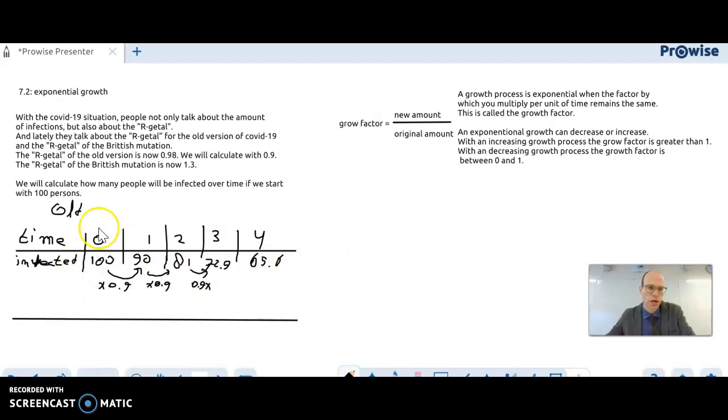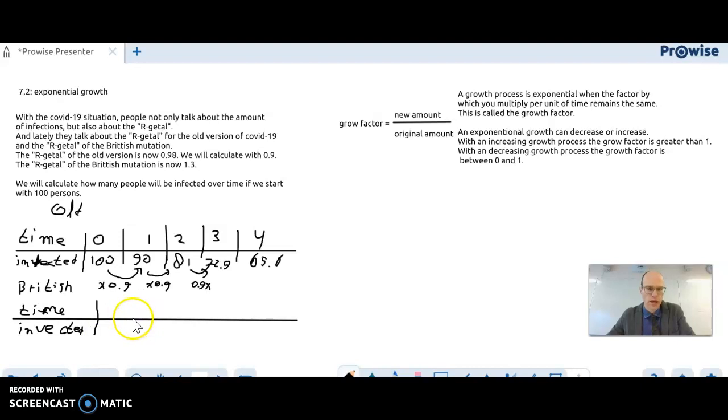But how does it work out with the R value of the British mutation? Here we have the British one. We have the time again, and the number of infected people.